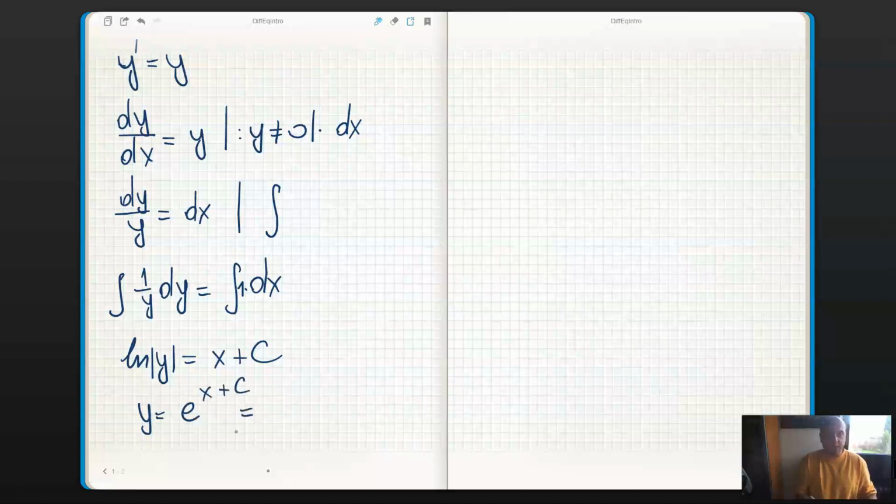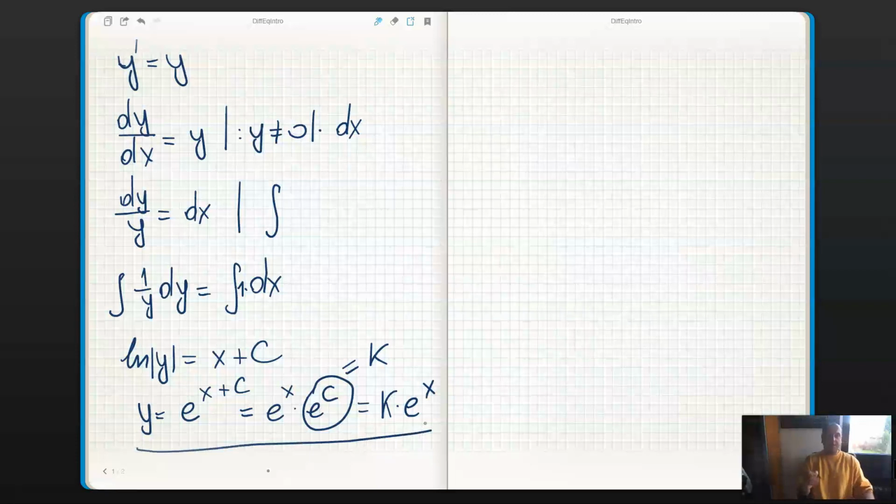Now we can rewrite it using the power rules, which you can also find on my channel. This is e to the power of x times e to the power of c, and e to the power of c is a constant, which you can also call k. So the answer is k times e to the power of x. And this is the easiest differential equation, totally solved.